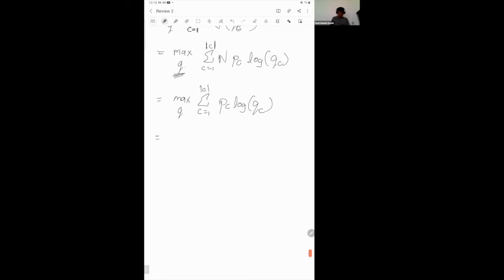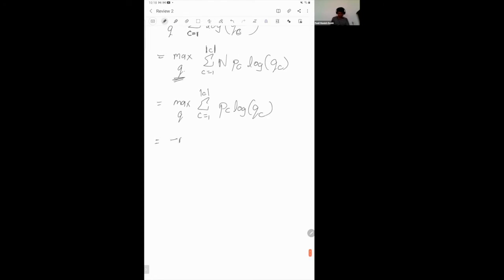And now I want to turn this maximization into a minimization problem. So I will just multiply it with a minus sign. Then this becomes negative log likelihood.